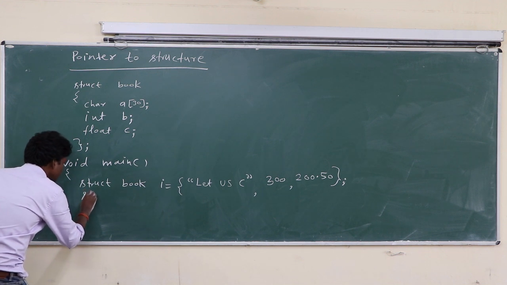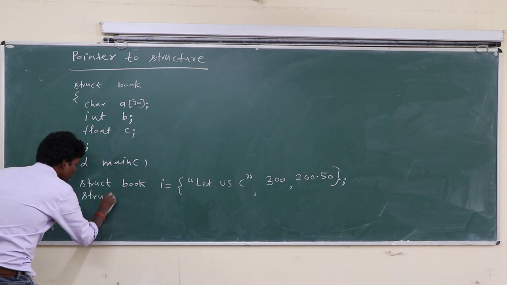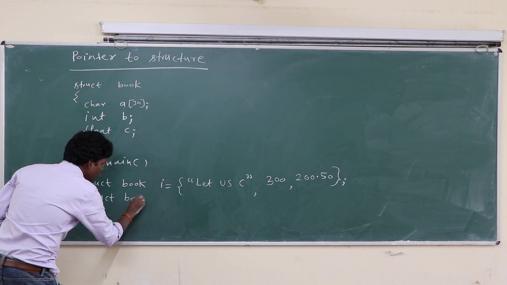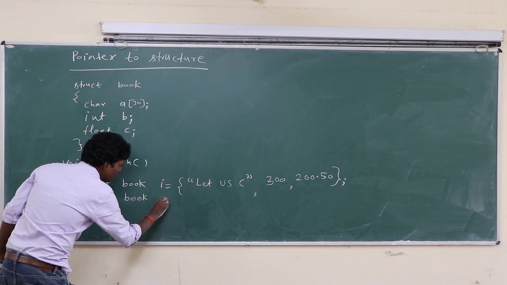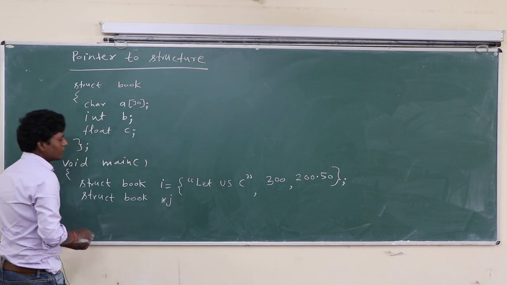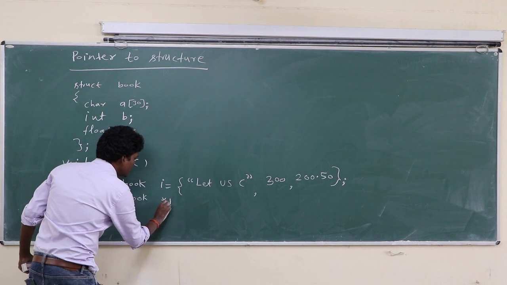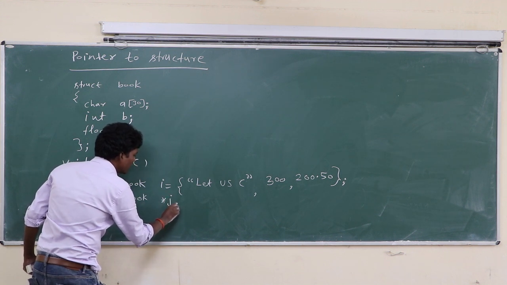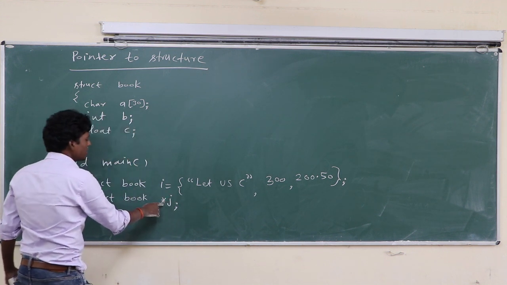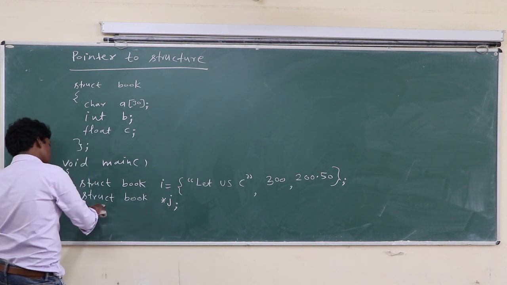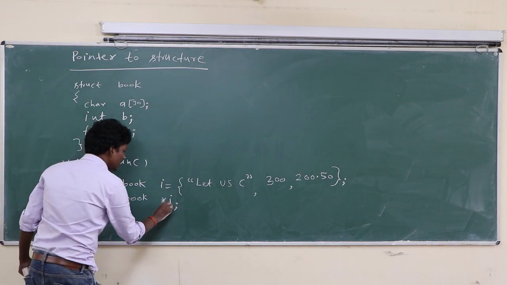Another variable is struct asterisk j. So j is a pointer to structure. J is a pointer because here is an asterisk. This is a pointer to structure. Okay, class.